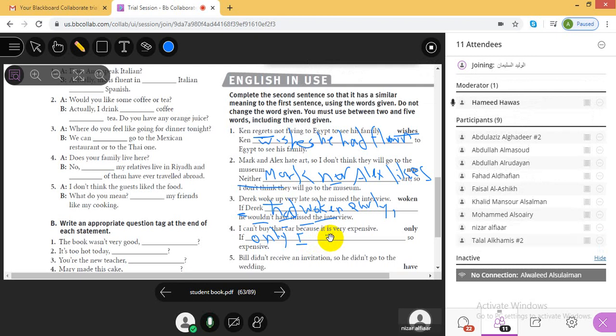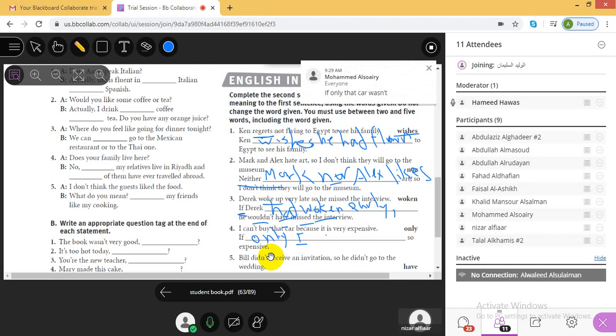No, but if only I could buy so expensive. No, try to do it in another way, Fahad. If only that car wasn't. Very good. If only, yes.